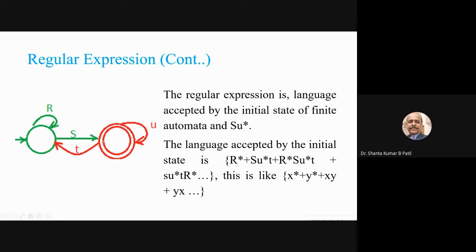This is the initial state and this is the final state. The language accepted by the initial state is R star. So the initial state is accepting R star, multiple number of R, double R, triple R.